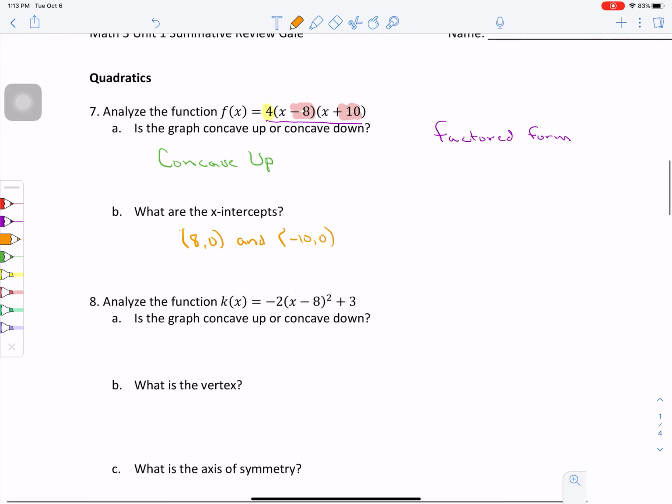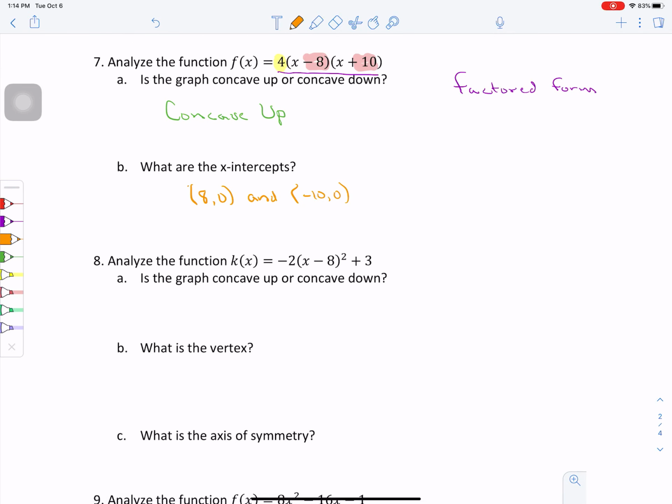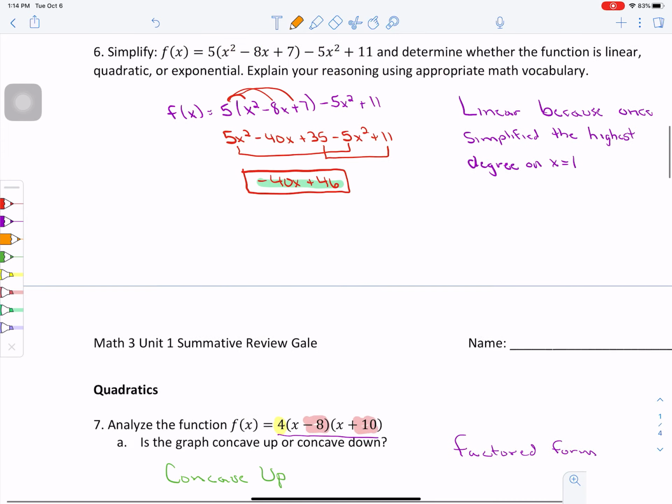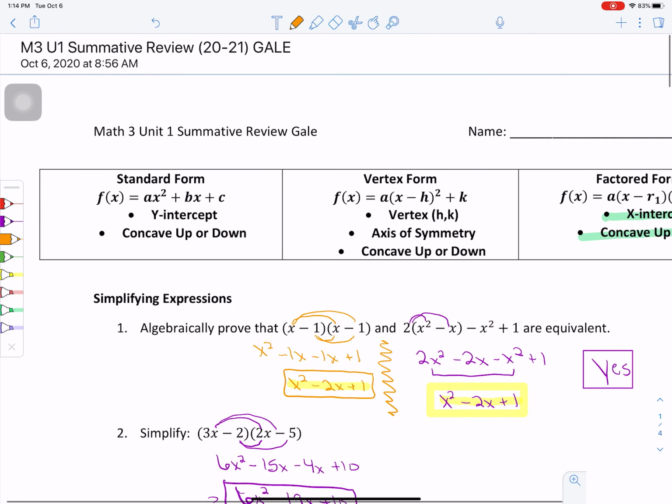Now we're looking at problem number 8. F of x is equal to negative 2 times x minus 8 squared plus 3. This right here is vertex form. If you look at the top of your paper, in vertex form, you can find the vertex, the axis of symmetry, and the concave up or down.